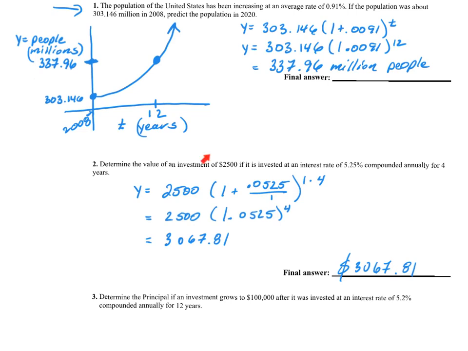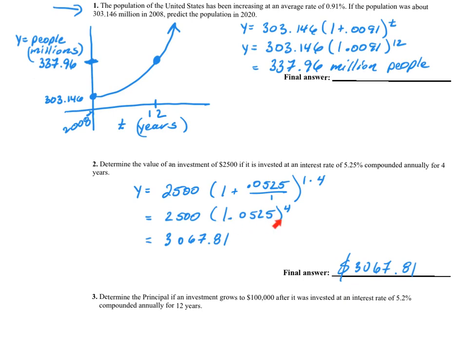So let's see what we did here. Our initial investment was $2,500. Boom. We know that our investment is going to grow, so we've got the 1 plus our percentage turned to a number here, compounded annually, so divided by 1, all times that compounded annually, 1 times the number of years we're going to let it sit in the bank and grow, 4 years.